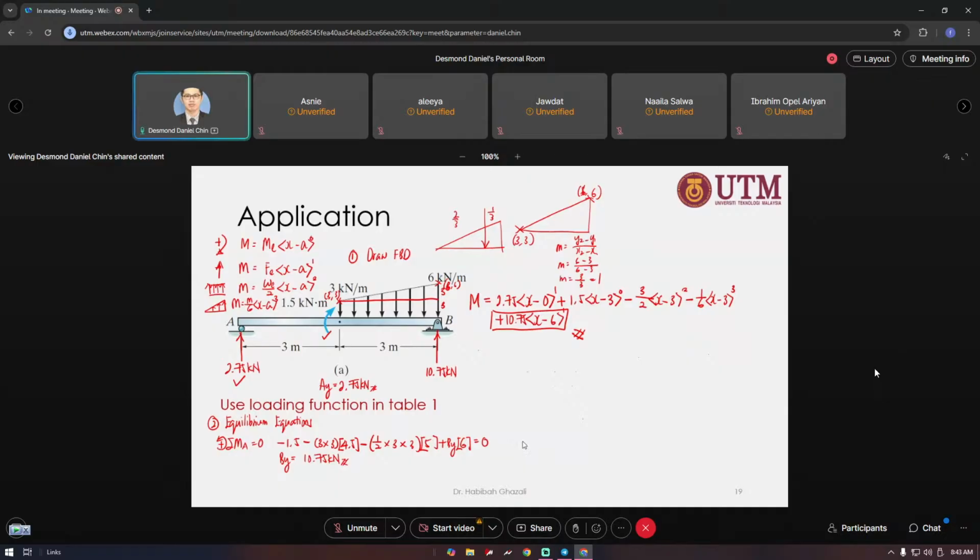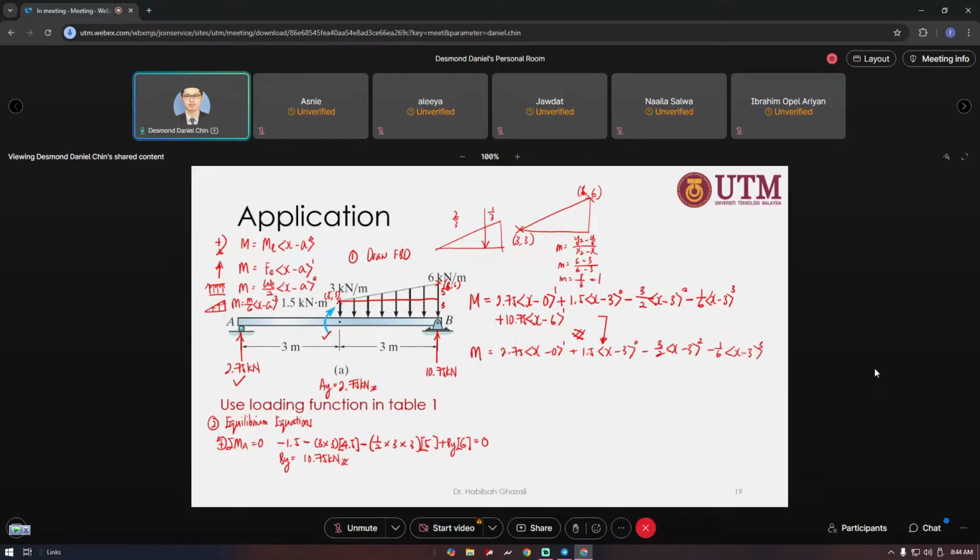Okay, so back to our equation for this part. You will notice that this equation, I can actually simplify it. My equation will become m equals 2.75 x minus 0 to the power of 1 plus 1.5 x minus 3 to the power 0 minus 3 over 2 x minus 3 to the power of 2 minus 1 over 6 x minus 3.